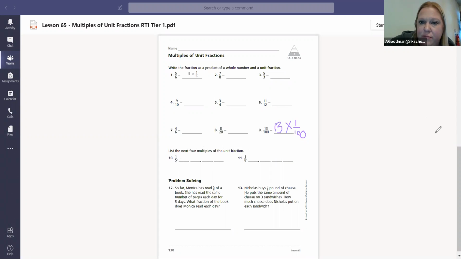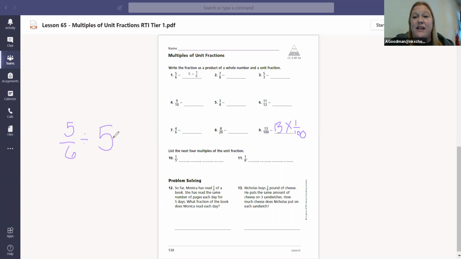All right, let's look at the word problems. So far, Monica has read 5/6 of a book. She has read the same number of pages each day for 5 days. What fraction of the book does Monica read each day? Really, what you're doing, I'm going to do it over here on the side, is taking 5/6 and dividing that by 5.